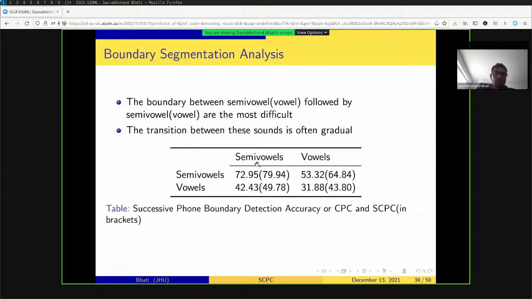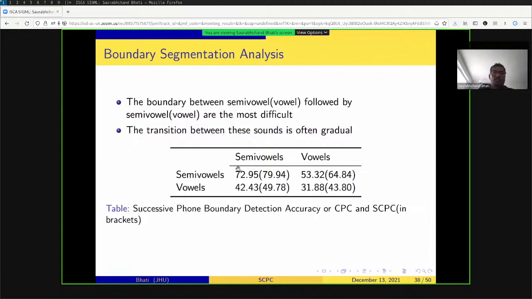The difficulty of segmenting two vowels or two semi-vowels following each other was the same for both CPC segmentation and SCPC segmentation. So all the segmentation methods seem to be struggling with detecting a boundary between a vowel and a vowel, or a semi-vowel and a vowel. And the reason is the boundaries between two vowels are often very, very gradual. So the model has difficulties finding those boundaries.